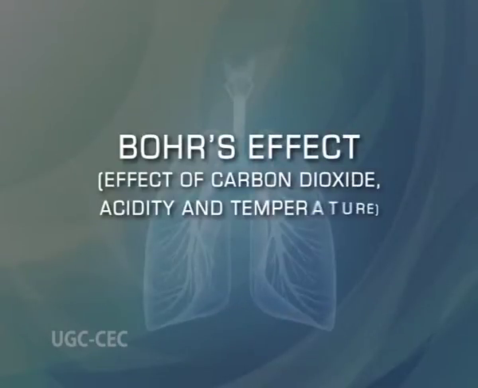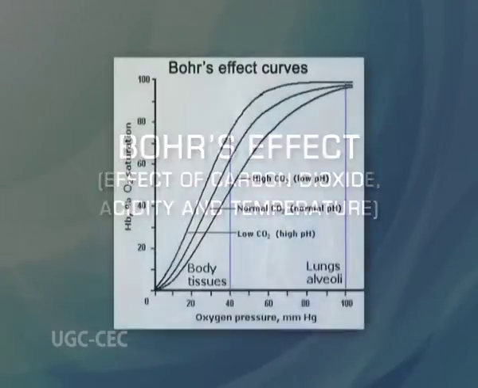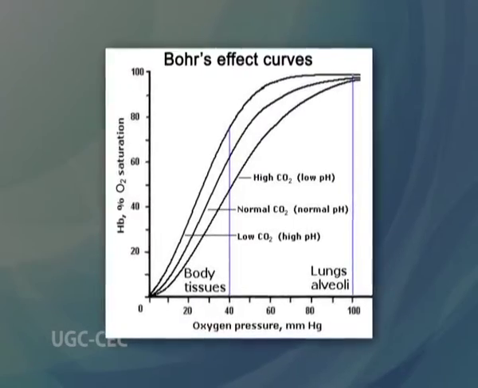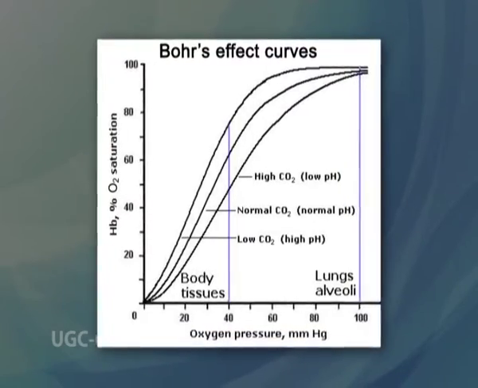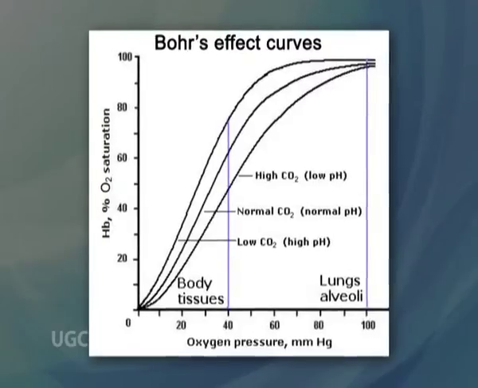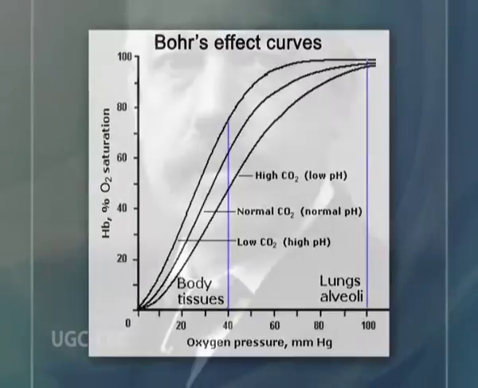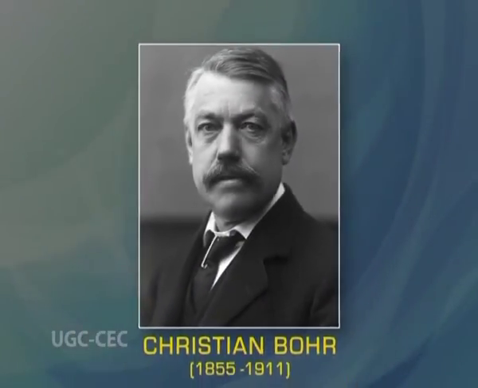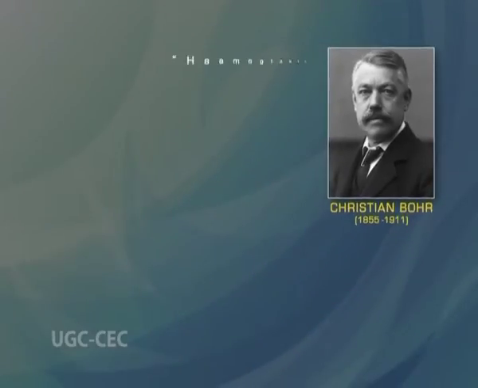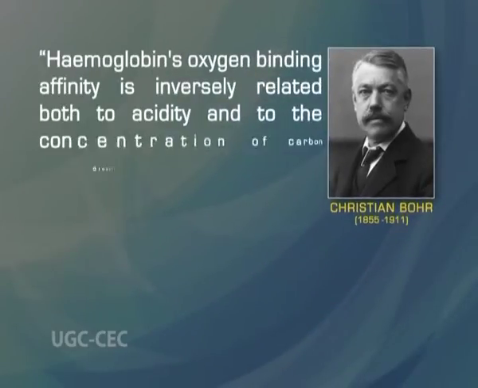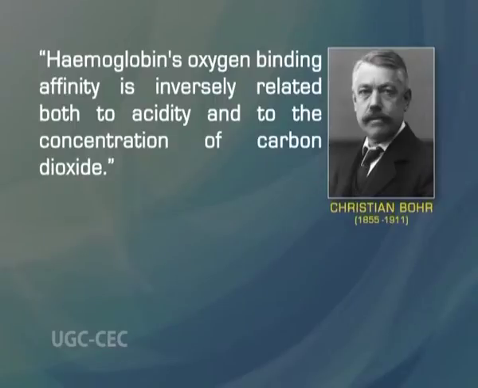Next comes Bohr effect, effect of carbon dioxide, acidity and temperature. The Bohr effect is a physiological phenomenon first described in 1904 by the Danish physiologist Christian Bohr, stating that hemoglobin's oxygen binding affinity is inversely related both to acidity and to the concentration of carbon dioxide.